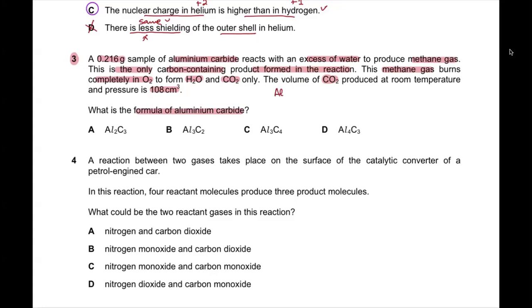So if I divide that 108 cm cubed by 24,000 cm cubed, I can get the moles. Can anybody tell me the value of it? How many moles are we getting here? Yes, 108 divided by 24,000.